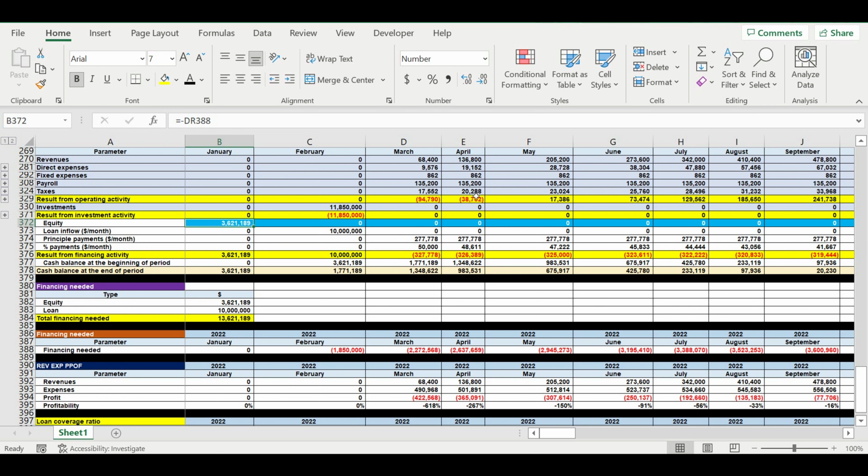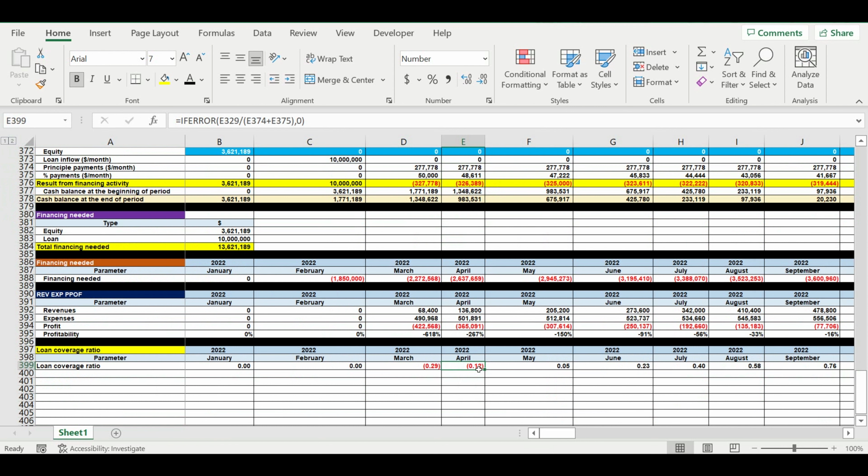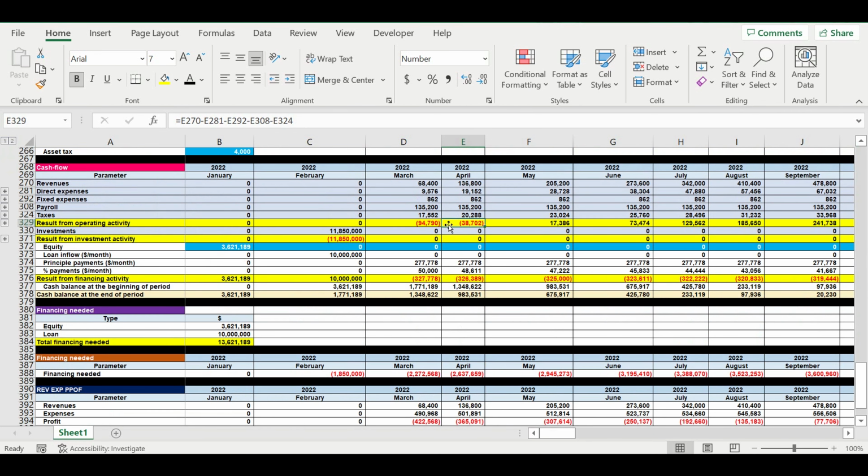If we have losses and we have payments to the bank, in this case the ratio will be negative, and that's bad. This illustrates that we need financing at this moment. When these values are negative, it means we even have losses in the result of operating activity. Here they are, these losses.